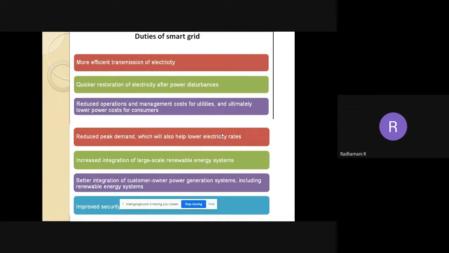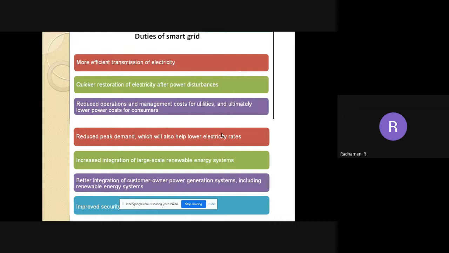So these are all the duties of smart grid. More efficient transmission of electricity. The smart grid should transmit the electricity in a more efficient manner, with quick restoration of electricity after power disturbances. If any power disturbance occurs in the network, it should be quickly restored, quickly solved.